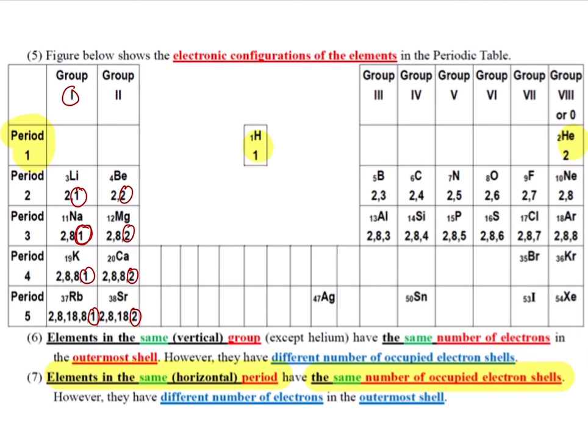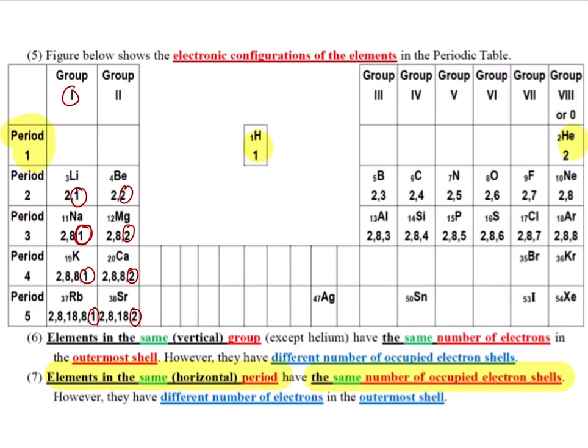Okay, class. You may ask whether you need to remember all this electronic arrangement. I want to tell you, you just need to know how the electrons are arranged for the first 20 elements. For period 5, for example rubidium and strontium, you need not memorize their electronic arrangement, alright?